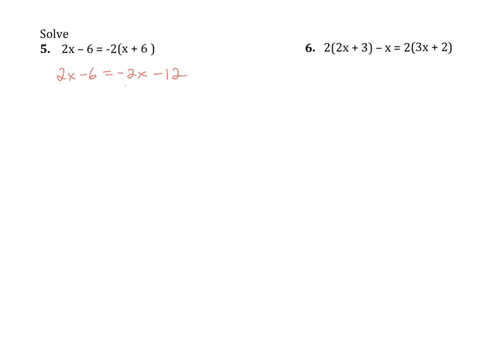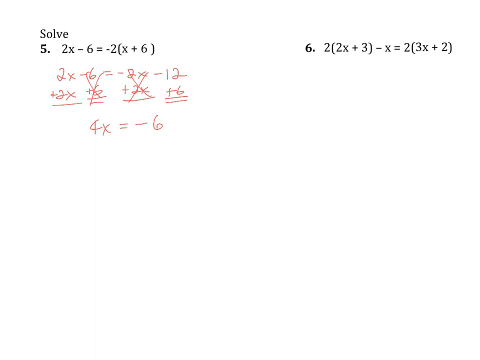So I'm going to add 2x to both sides. These guys are going to cancel out. 2x and 2x is 4x. And then I'm going to add 6 to both sides. That cancels. -12 plus 6 is -6.